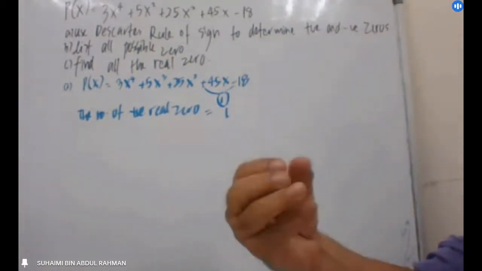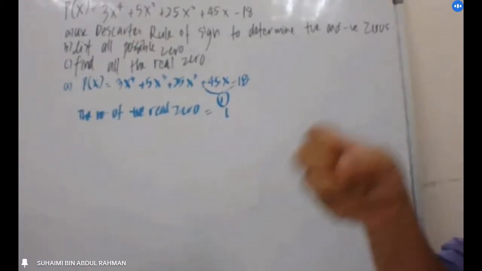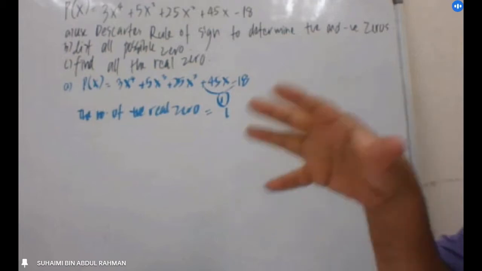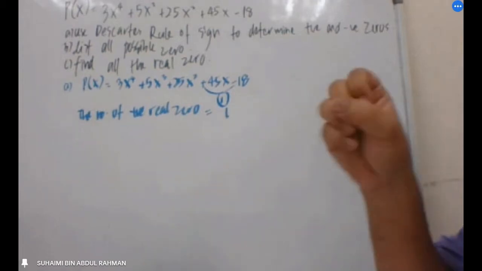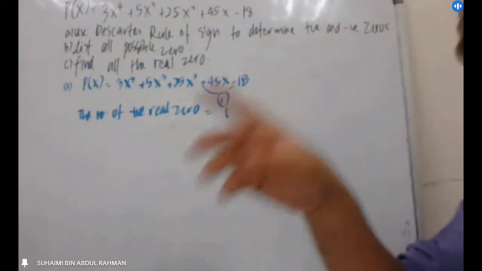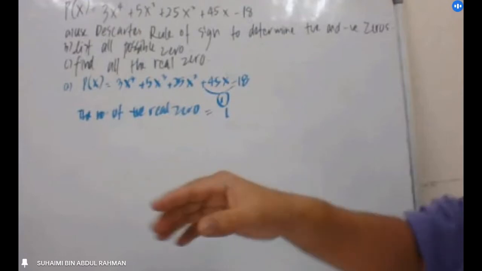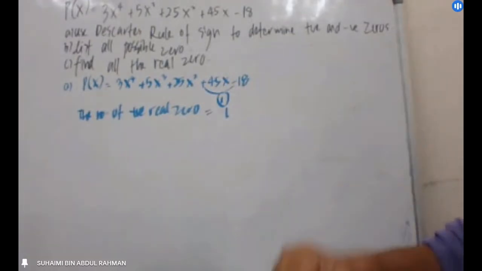Even though the definition has 'or', in this case we do not use 'or', because 1 minus 2 will produce a negative number, and we don't take a negative number here. You get it?